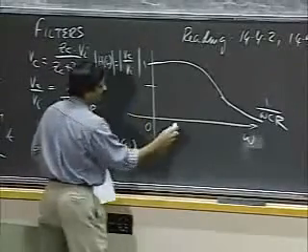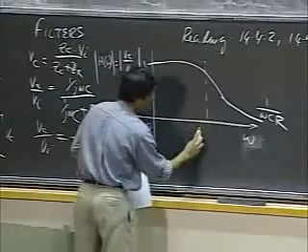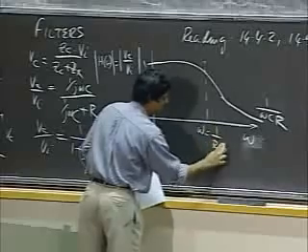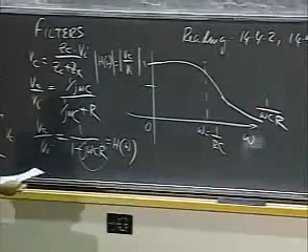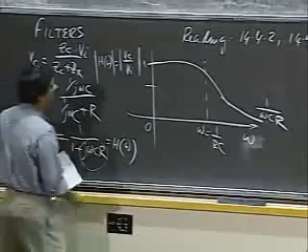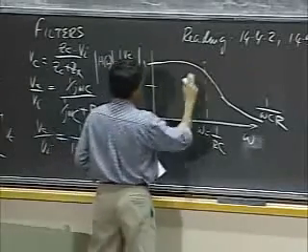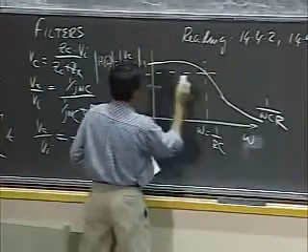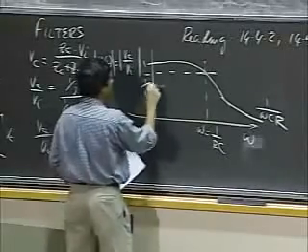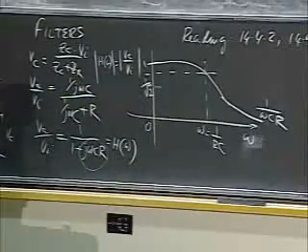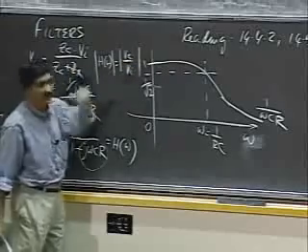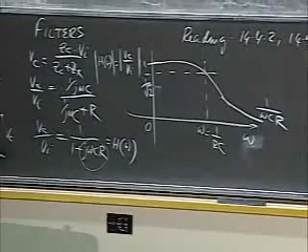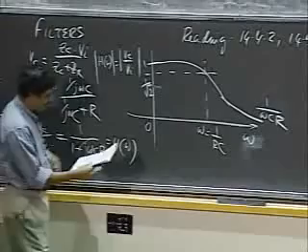So when omega is 1 by RC, the output is 1 by square root 2 times its value when omega is very, very small. That's one little piece of information.